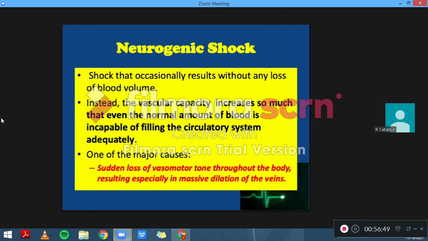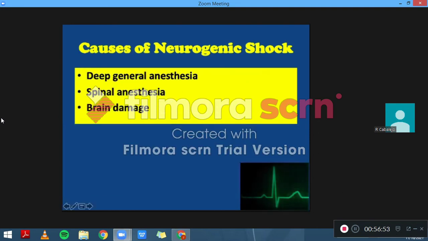We usually see this in patients who undergo deep general anesthesia, spinal anesthesia, or brain damage, or sometimes acute high spinal cord injury, cervical neck injury. They have widespread loss of arterial tone, thus the patient will develop neurogenic shock.